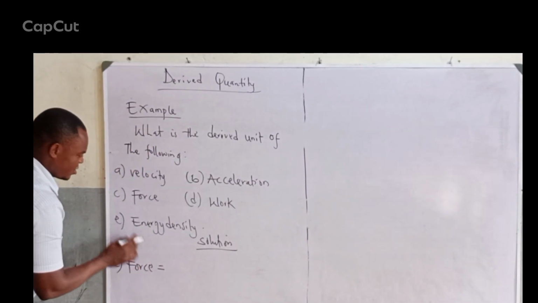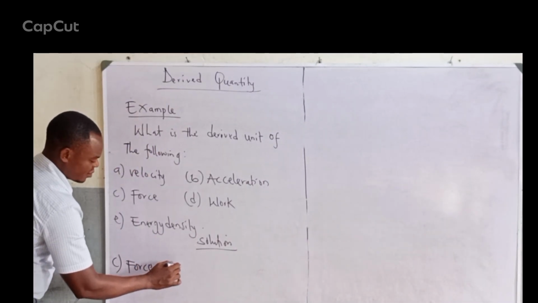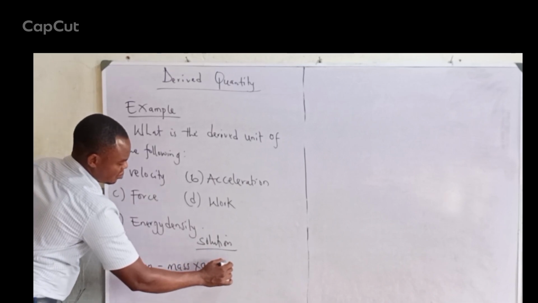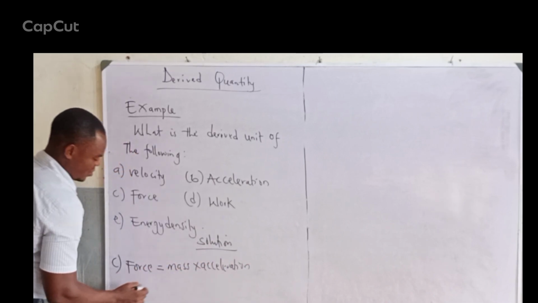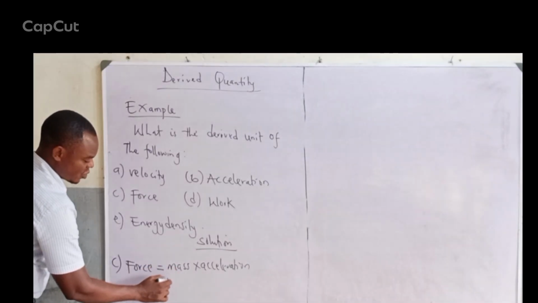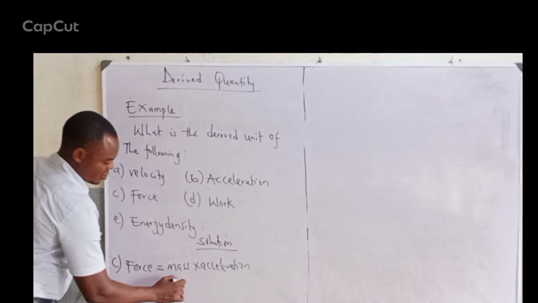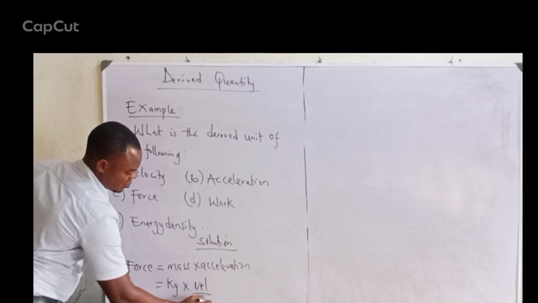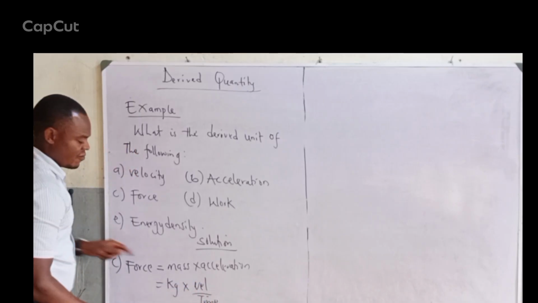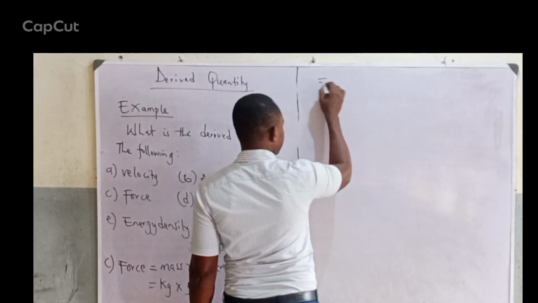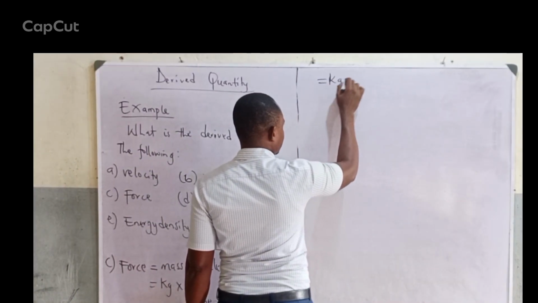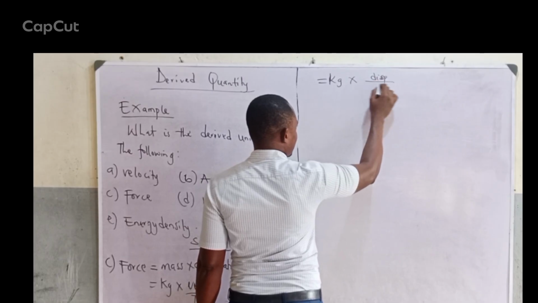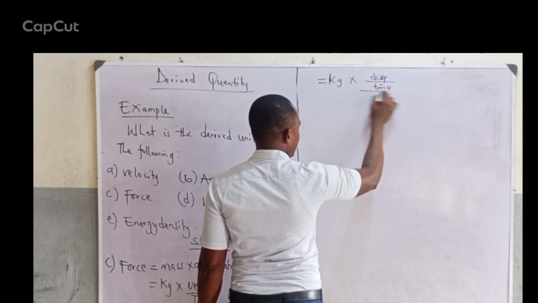We take the next example. Force is mass times acceleration. This is force. Now, mass is measured in kilogram, times acceleration, which is velocity over time. Now, velocity is displacement over time, all over time.